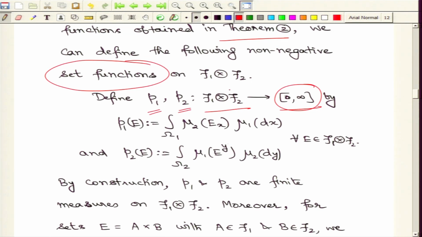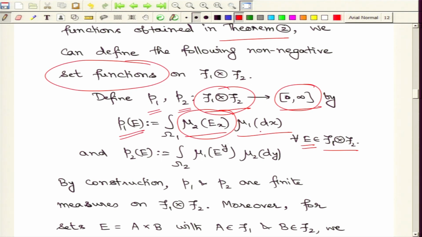So, start with any set E coming from the product sigma field, then associated to that we look at this number. First, we look at mu 2 of E_x for any arbitrary point small x in omega 1. We have just understood that x mapping to mu 2 of E_x is a measurable function on omega 1, and therefore, we can integrate it with the first measure mu 1, and since the integrand here is non-negative, the integral value will also be non-negative, but it might be plus infinity.